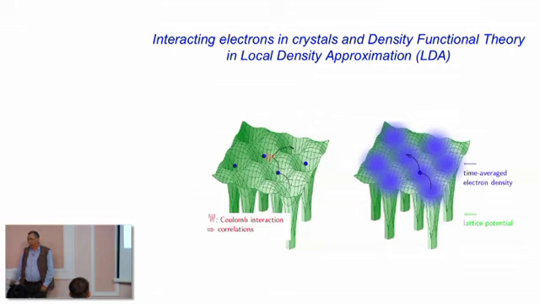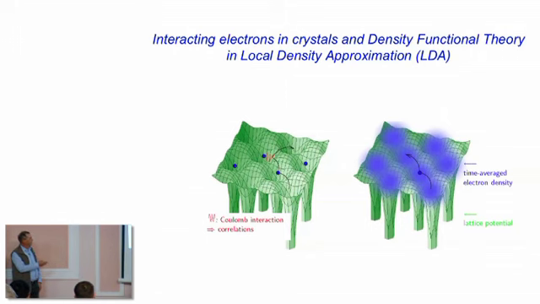Now, what are those correlations? That's a very beautiful picture, done not by me, but I like it very much. So that is density functional, one-electron theory, when all electrons in the crystal move in the same potential independently, non-correlated. Their paths are not correlated with each other.